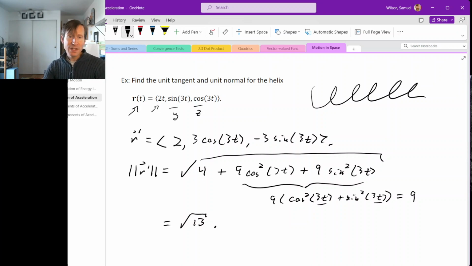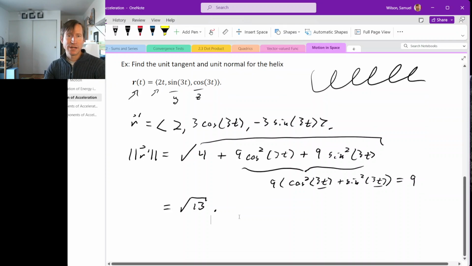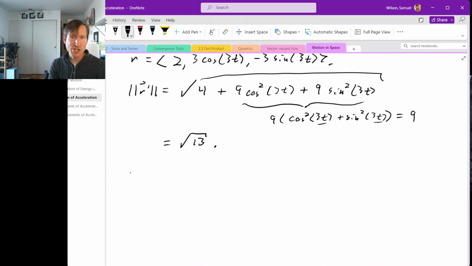Okay, now we can write down our unit tangent. Our unit tangent vector is 1 over the magnitude of r prime times r prime.